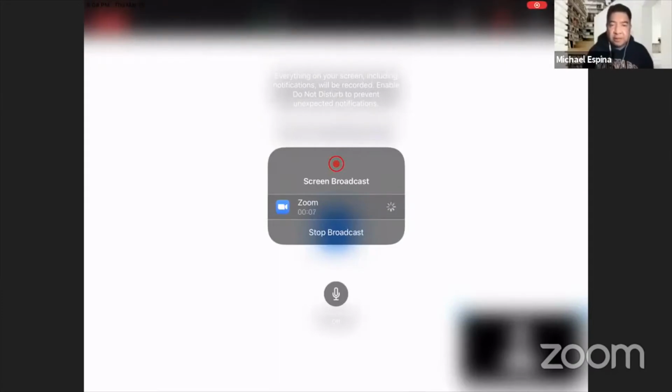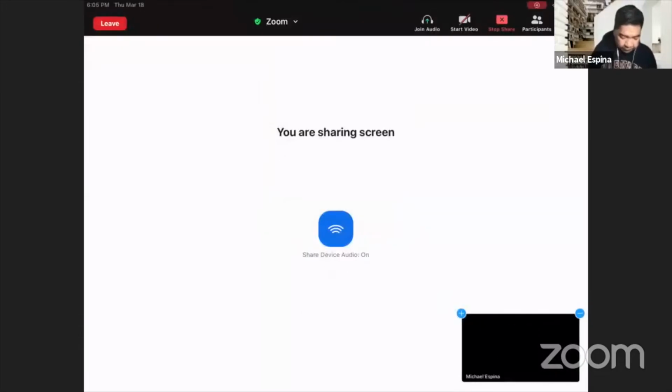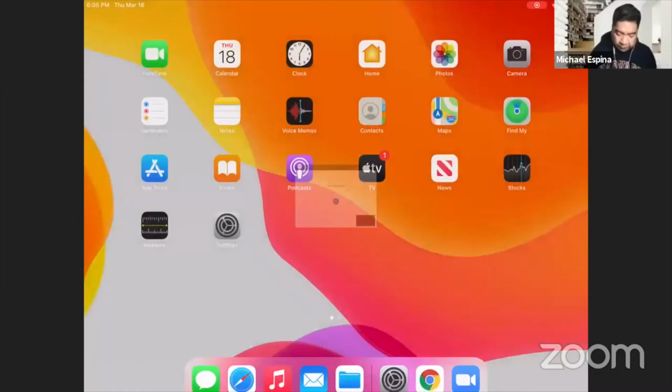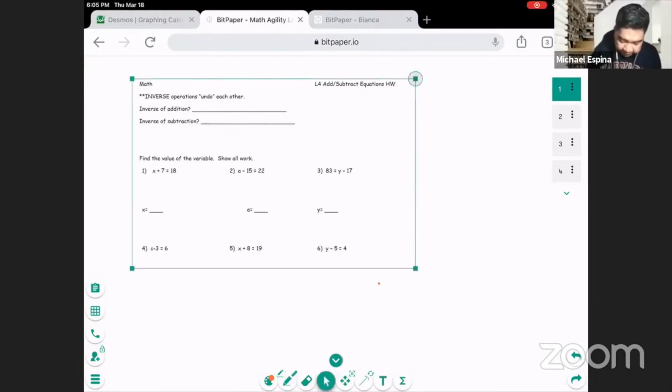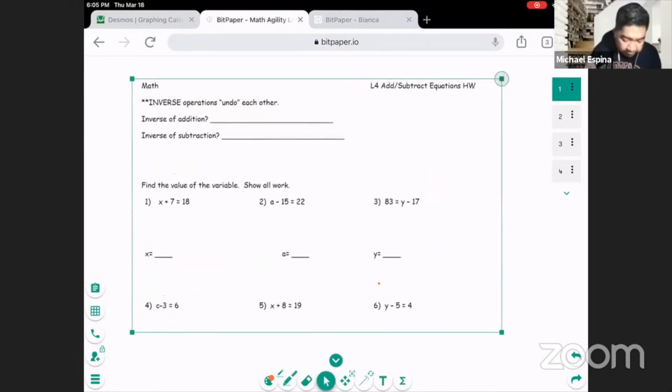Okay, hope you can see my screen now. So this is the question from Kendra. Let's make it a little bit bigger. It's actually an equation, and he tries to solve the variable x in question number 1. So that's x plus 7 equals 18. So how do we solve this?